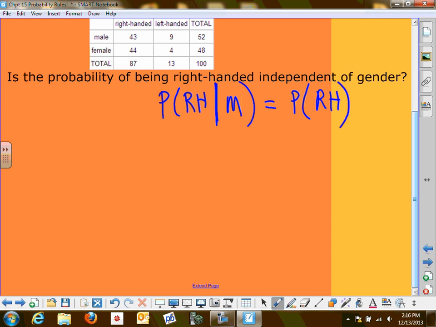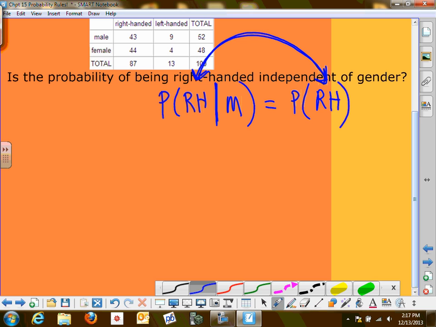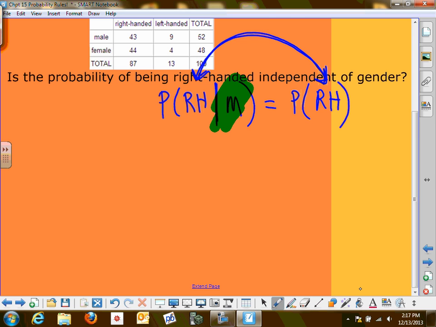Right-handed goes right here. Here's why. This has to make common sense to you. I'm going to try to make that connection. This has to be the same as this. Whatever is here has to be the same as what's in front here, which implies that the fact that you are a male did not change it. You have to be able to pull that from your brain. It's not on a formula chart.